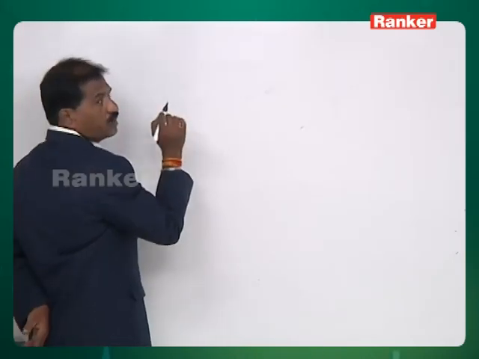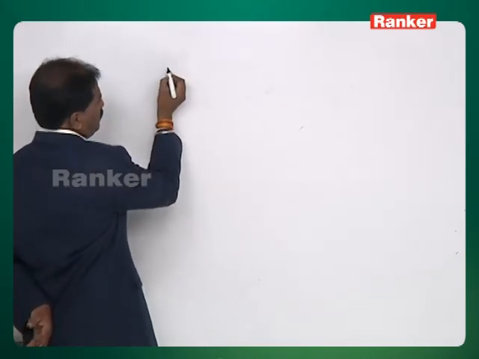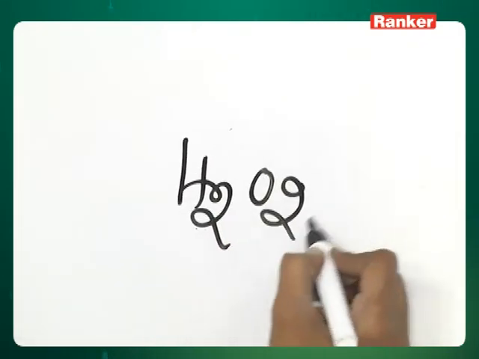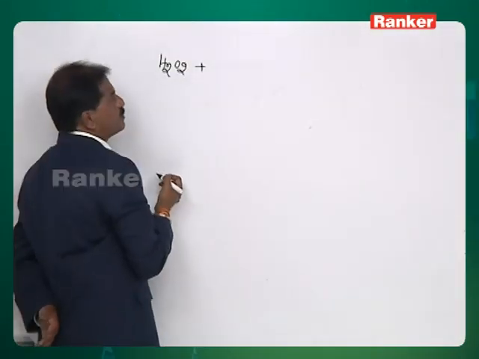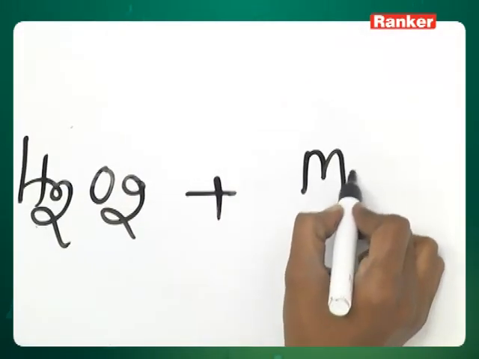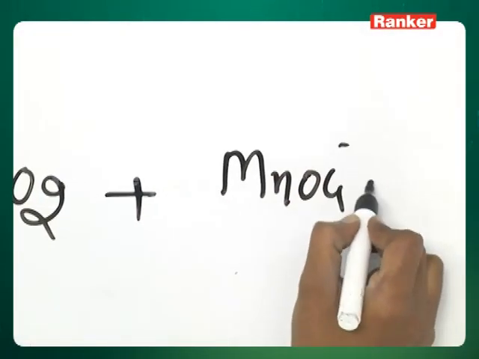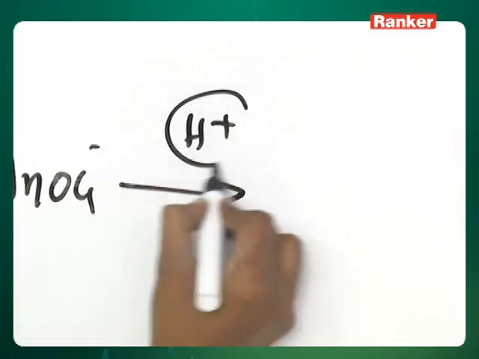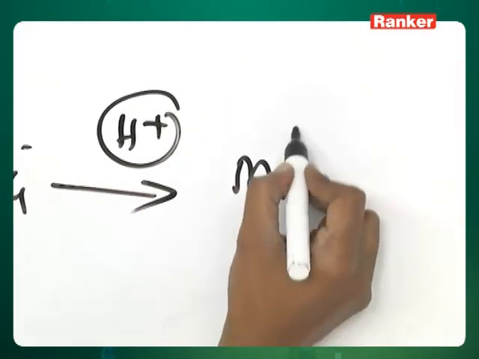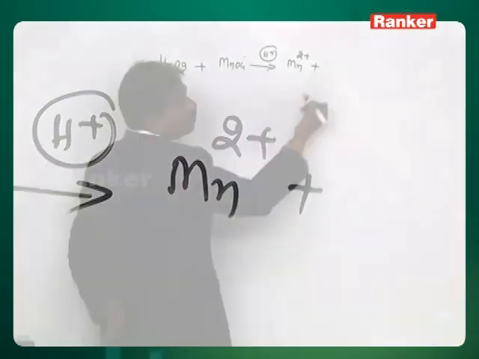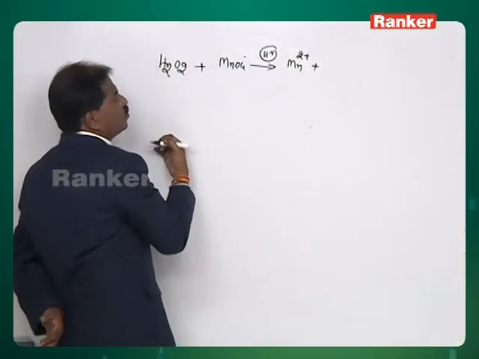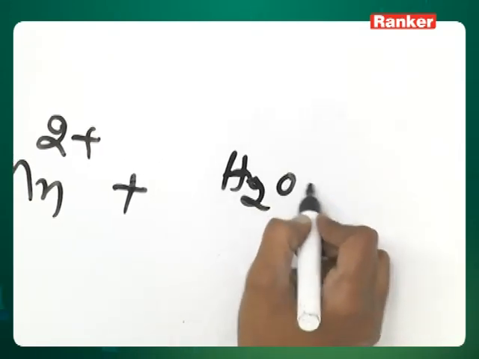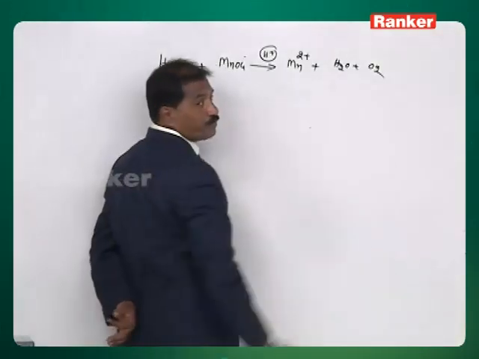Next, another well-known example in the redox reactions is the reaction between hydrogen peroxide and permanganate. If the reaction takes place in acidic medium, this permanganate will be reduced to Mn2+. H2O2 will be oxidized to water and oxygen.